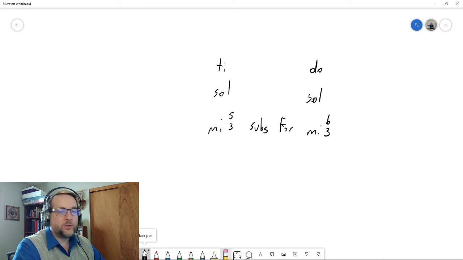And so the Mi 5/3 acts as the Mi 6/3 and can be used in most contexts where the Mi 6/3 could be used. Obviously you wouldn't use it if you have a Do in your melody because the Ti would clash with the Do, but its most common context is in the middle of what we call a leaping Romanesca. And we started talking about the leaping Romanesca last week because we were talking about the La 5/3 chord.